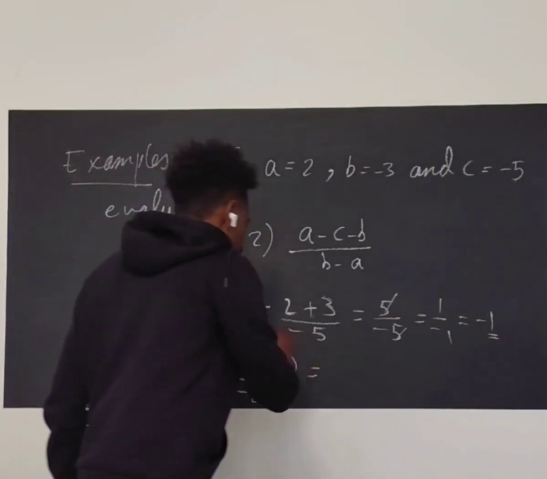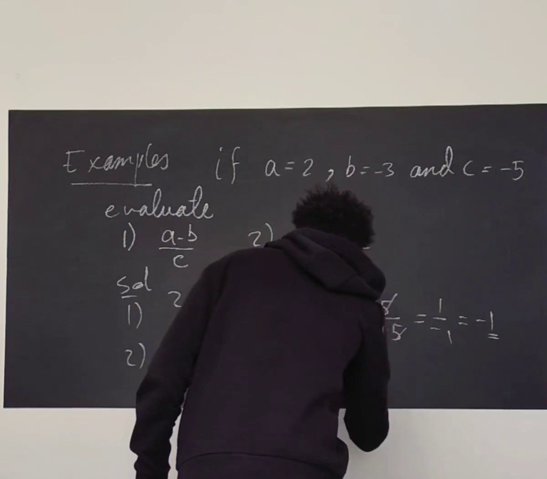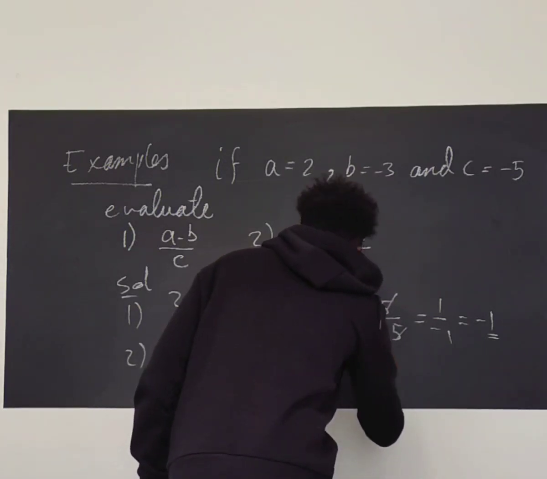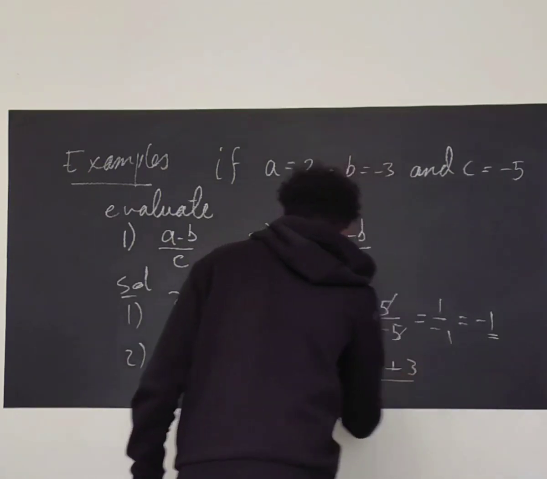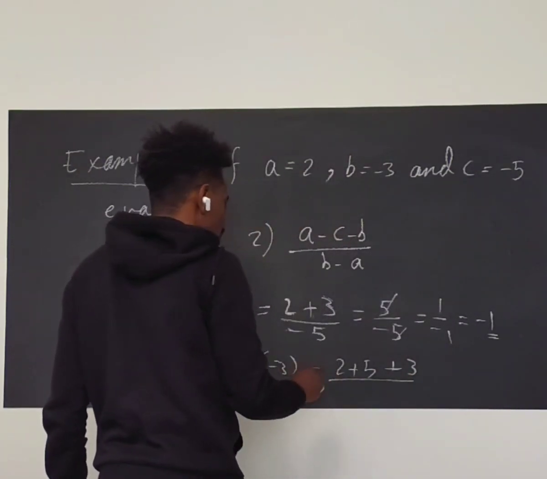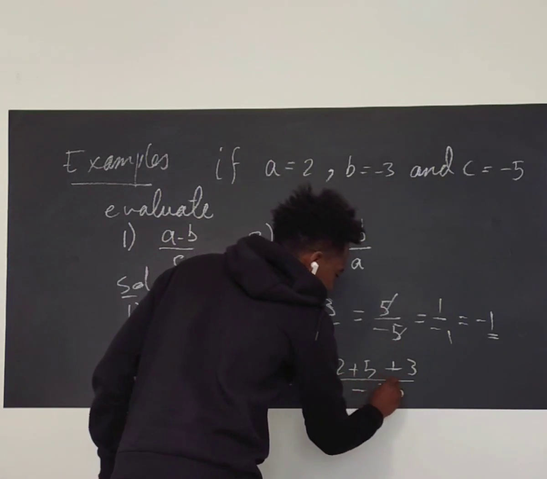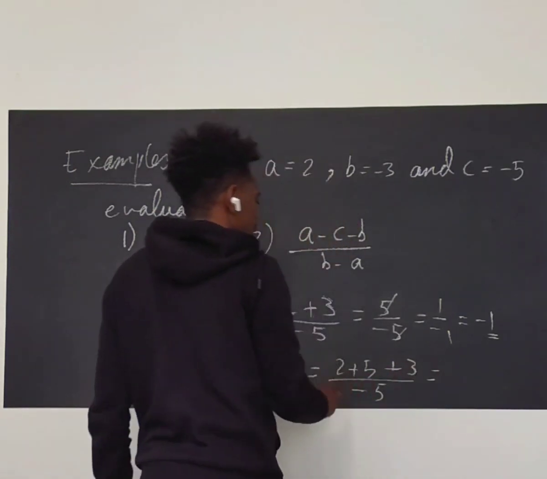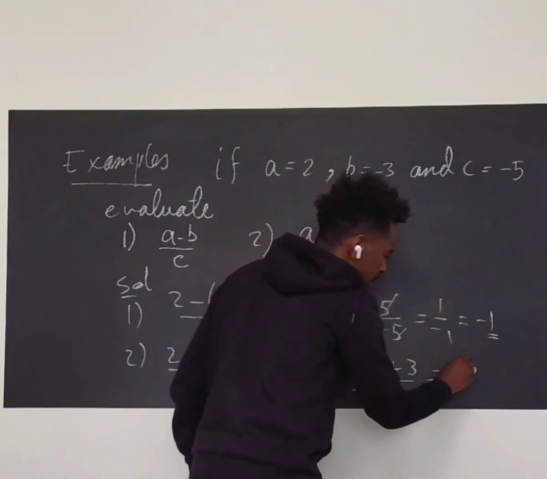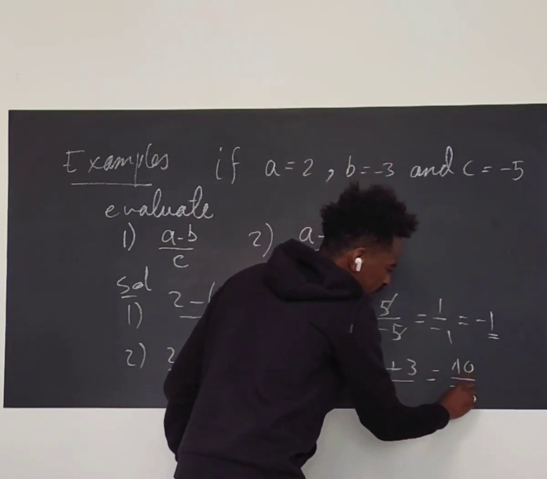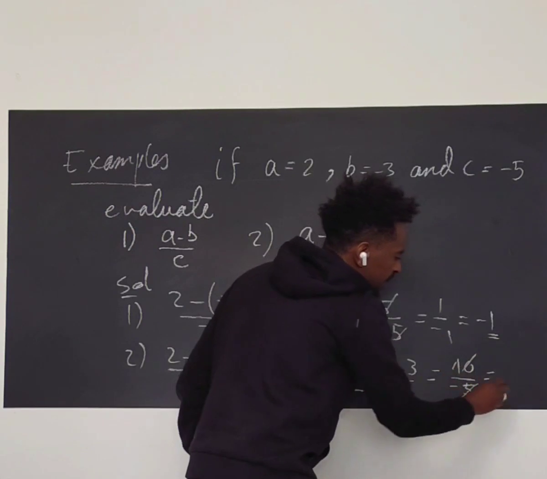Then this is 2 minus minus, that is plus 5, minus minus, that's plus 3 over minus 3 minus 2, that's minus 5. This is equal to 2 plus 5, that's 7, plus 3, that's 10. 10 over minus 5 is minus 2.